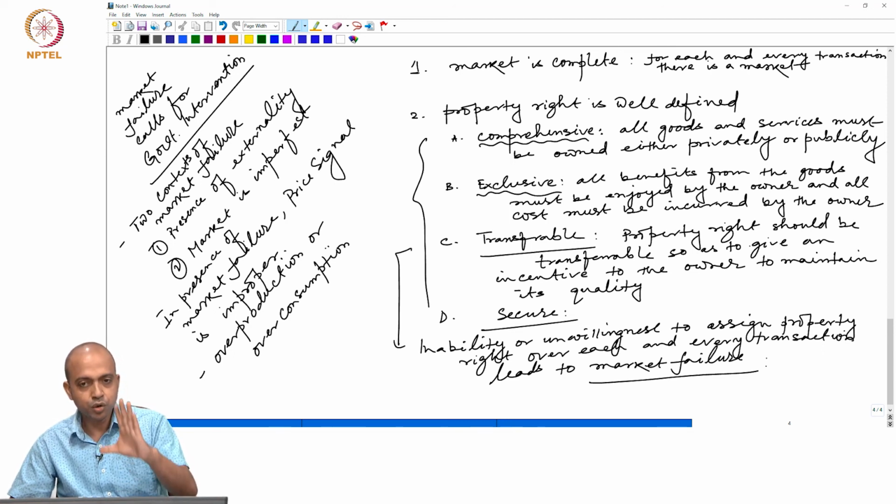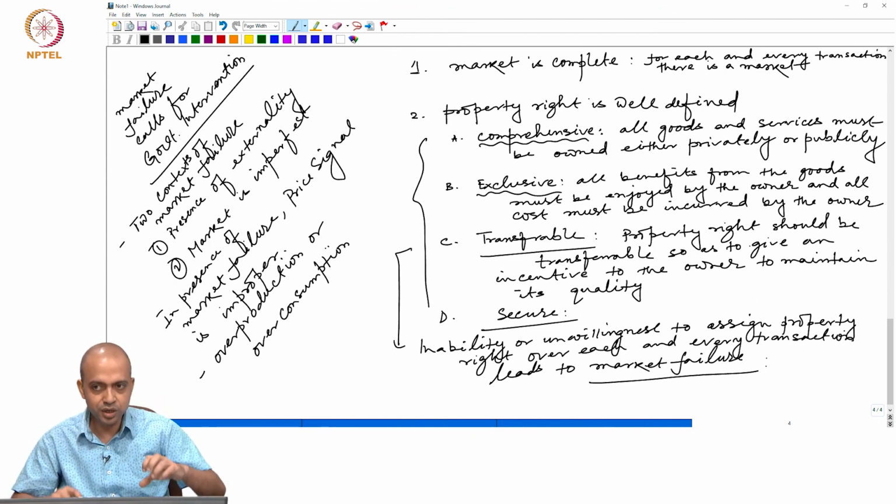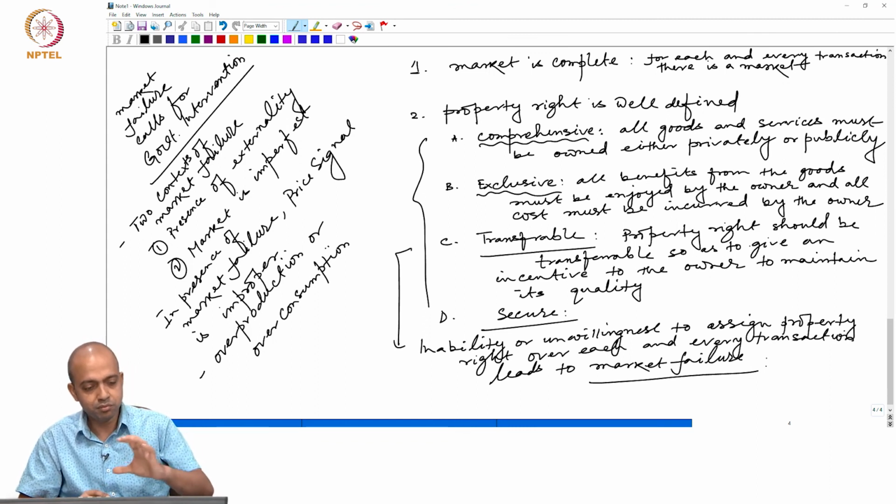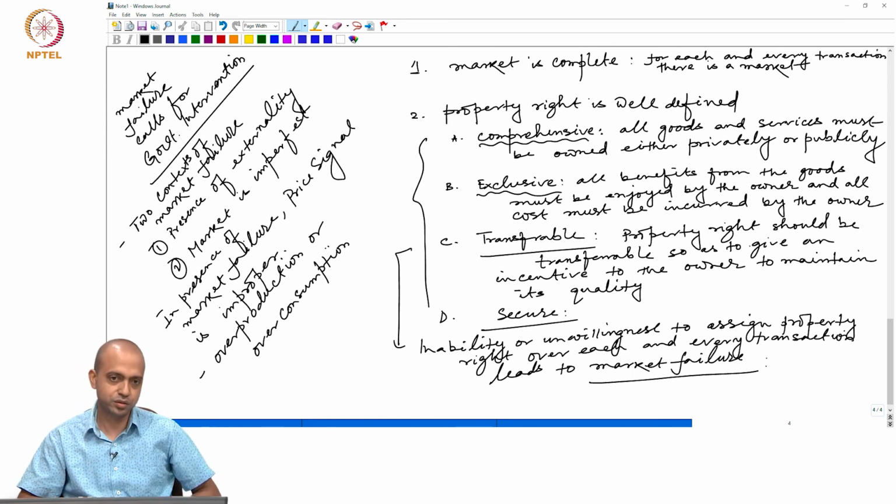So that means when this sort of problem arises, there is no well defined property right and the market fails, government intervention becomes necessary. So government will intervene and try to solve the environmental problem by imposing regulation.